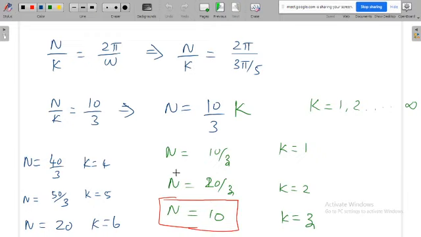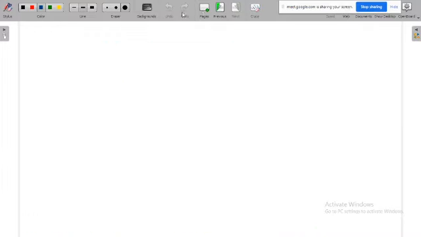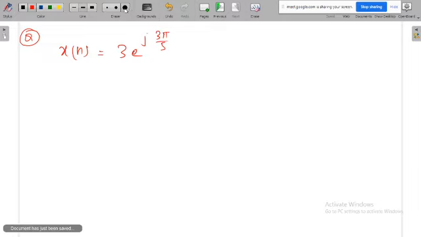Now we will take another problem. X of n is equal to 3 e power j 3 by 5 n plus 1 by 2.